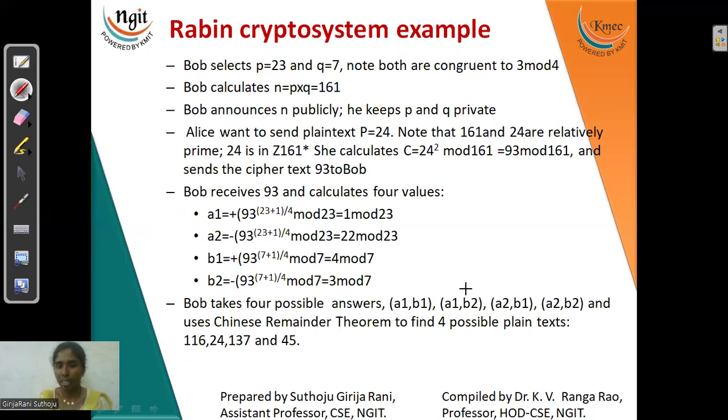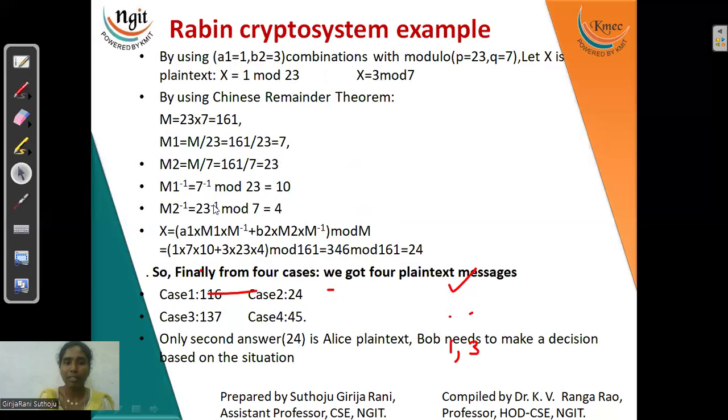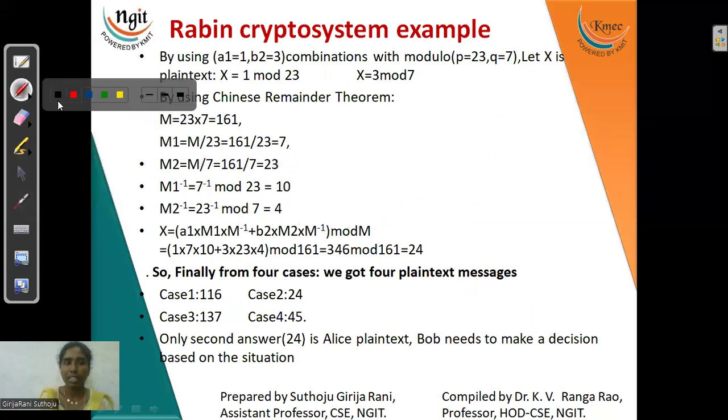After having n number of choices, I have chosen A1, B2. A1 is 1, right? B2 is 3. So A1 is 1 and B2 is 3. See how we are applying this 1 and 3 in this formula.